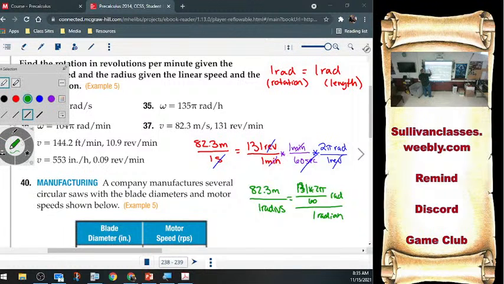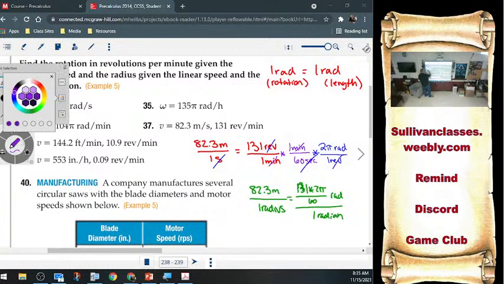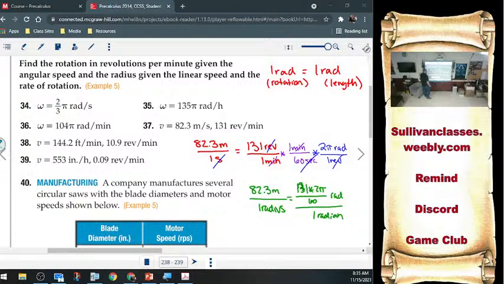If I want to know what my radius is, solve your proportion. I want 1 radius is, multiply the 2 that line up, divide by the 1 that doesn't.